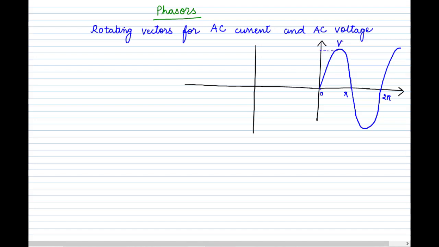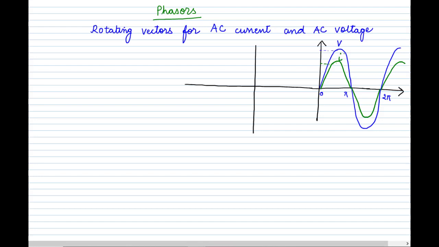Now we want to draw the current. The current is also in the same phase if we are going for a resistor, but this is somewhat smaller. It goes up like this, then comes to 0, again goes to maximum negative, then comes to 0 and again increases. So that is our current. No problem till now.